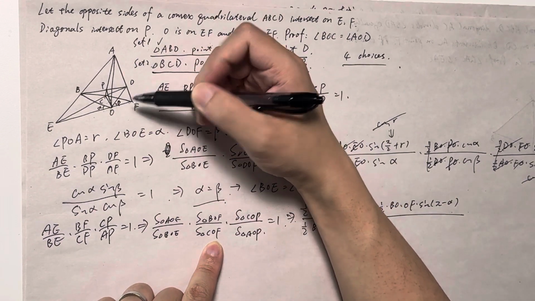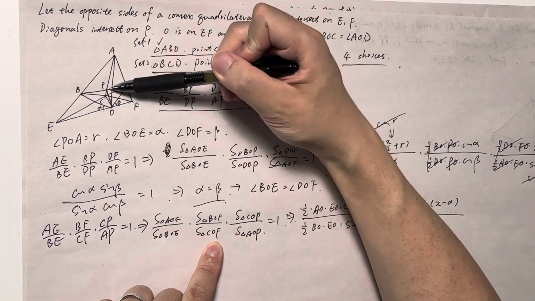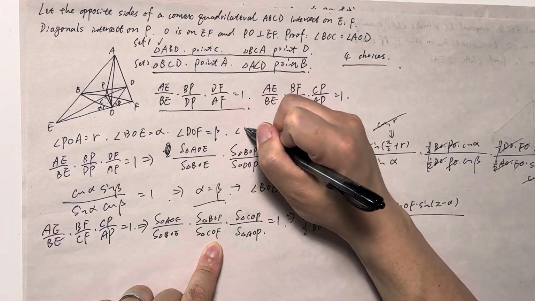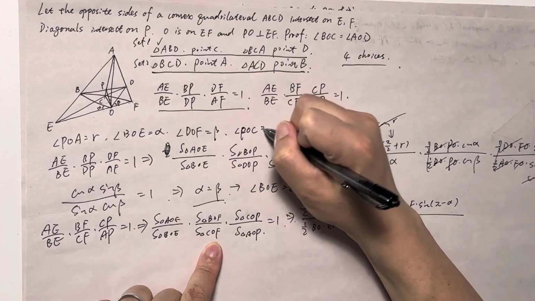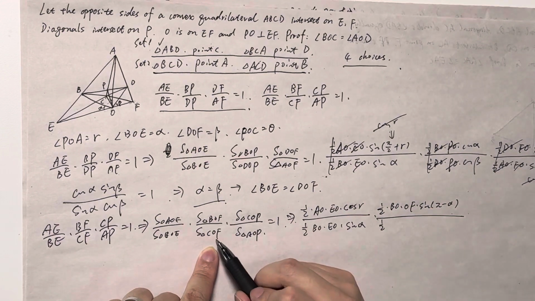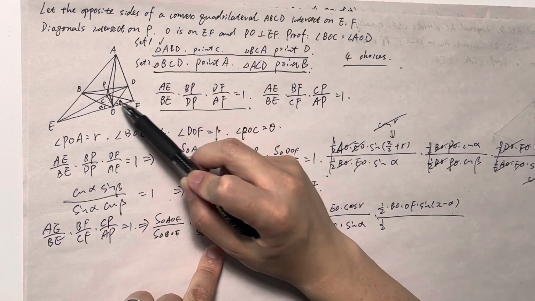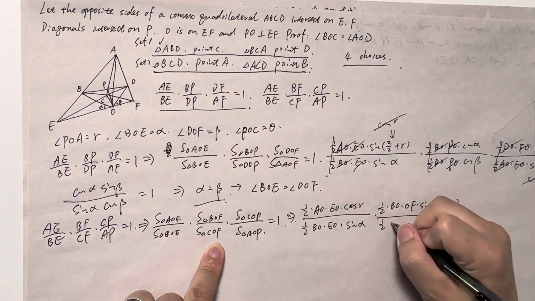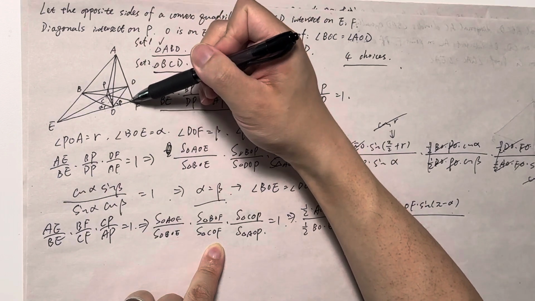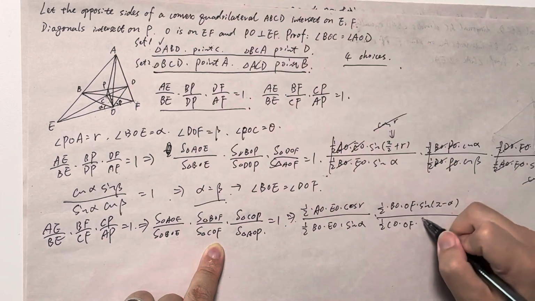Now we have to bring in another angle, COP. We already set POA to be gamma. Let's set POC to be theta. So we have half times CO times OF times sine of angle COF, and angle COF is 90 degrees plus theta, so sine of pi by 2 plus theta.